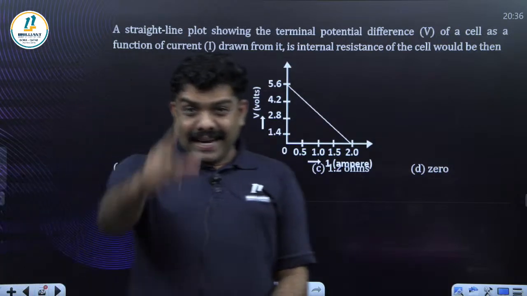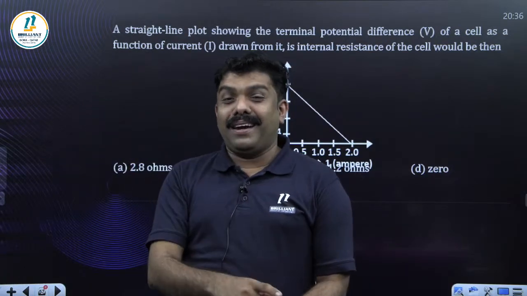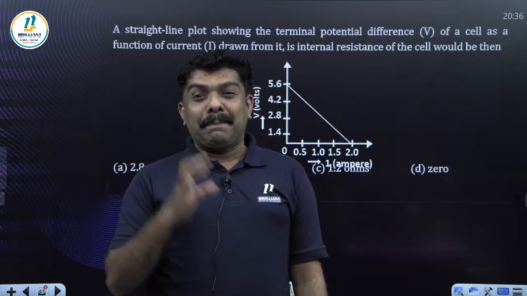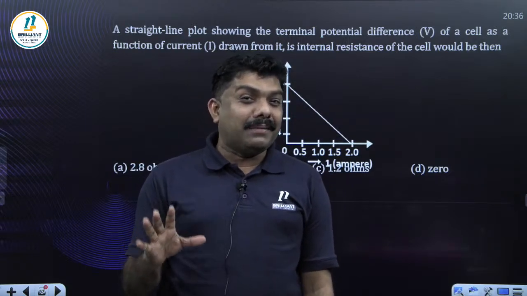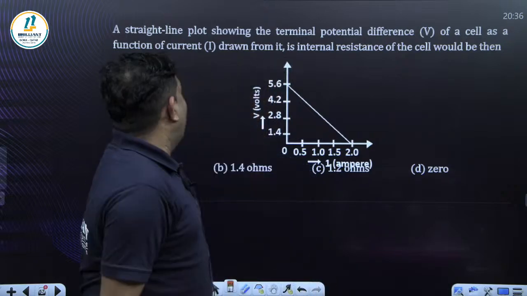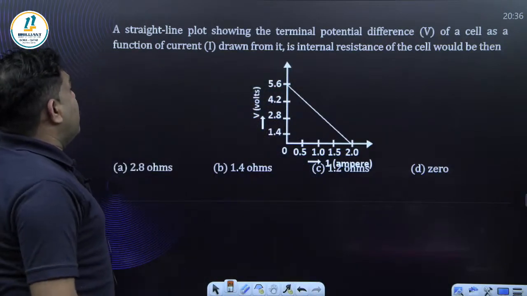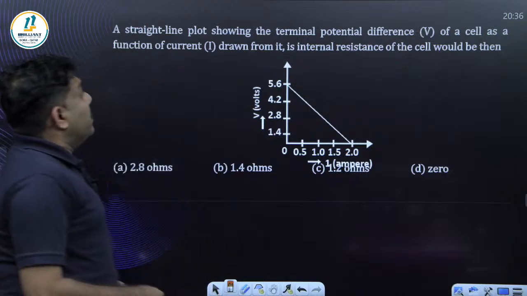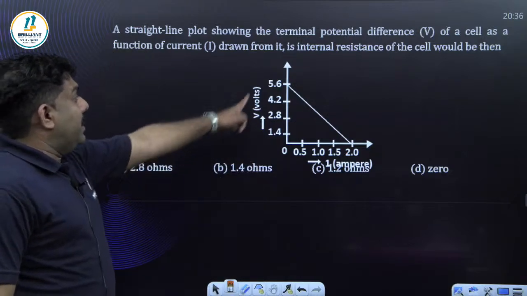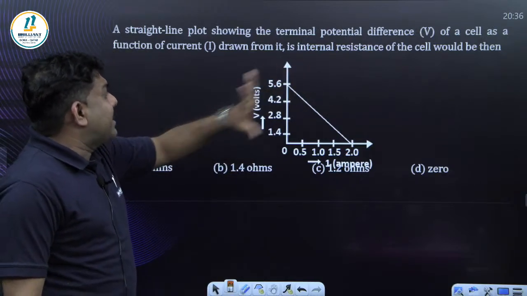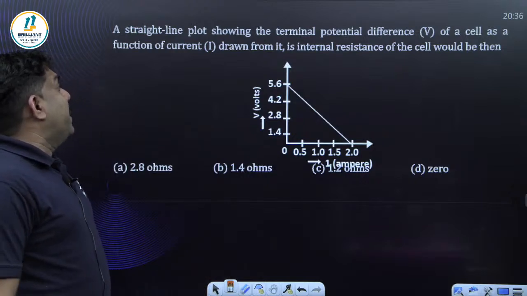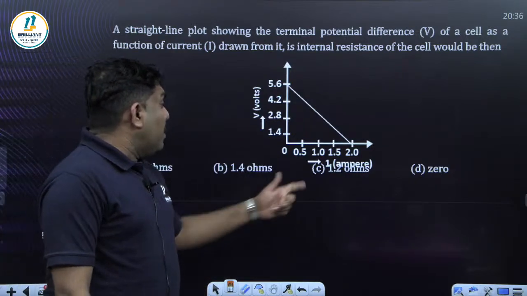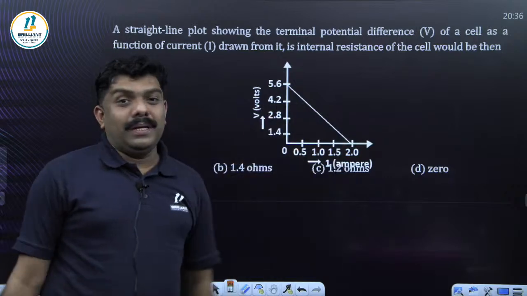Next one, again a graph question is coming in current electricity. This graph question we repeated in our classroom many times, very important. Look, a straight line plot showing the terminal potential difference of a cell as a function of current drawn from it. Its internal resistance would be 2.8, 1.4, 1.2 or 0.